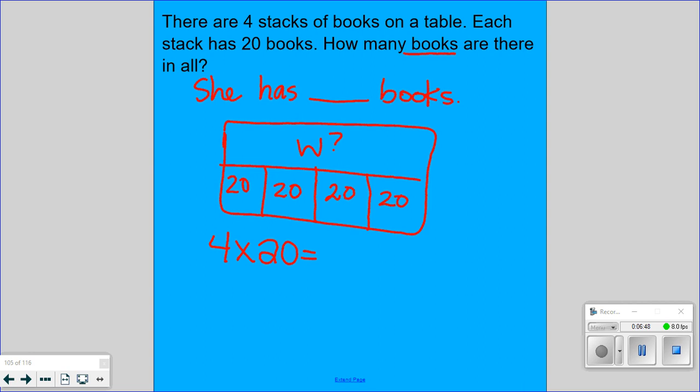Yes. But let's get away from that. Work a little smarter, not as hard as making 4 groups of 20 dots. Mathematically, you can. But what else could I do instead of 4 groups of 20? Because that's a lot of dots to draw. Rylan?